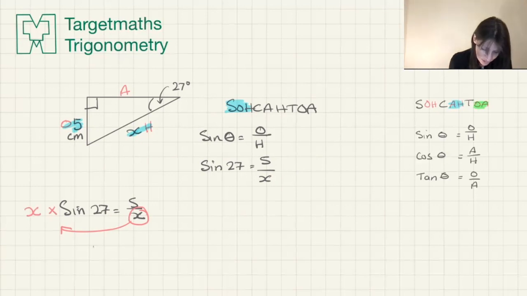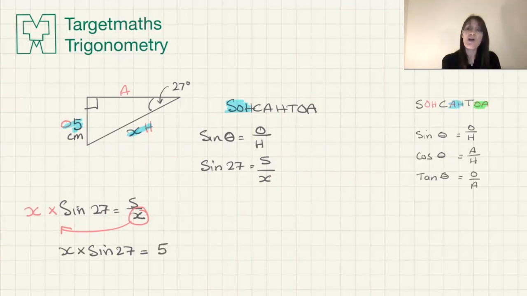So I've now got X times sine 27 equaling 5. Now that hasn't exactly got X on its own, but what it has done is it's brought the times sine with it, and that can now be used with the sine. So I can pick up my times by sine 27 and I can drop it and it'll land as a divide.